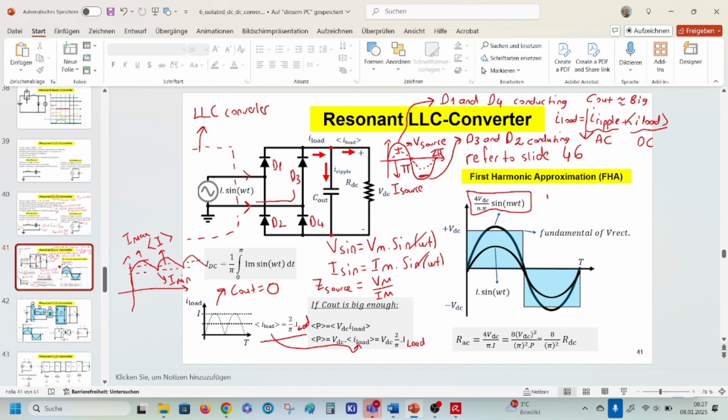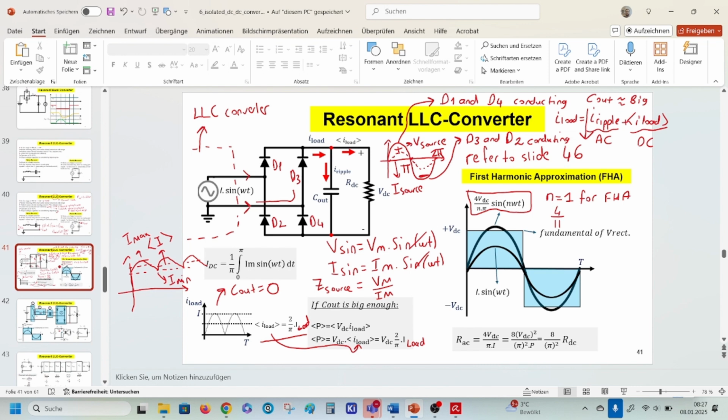Here n would be 1 for the first harmonic approximation for FHA.